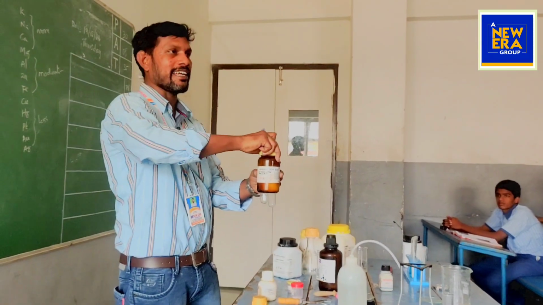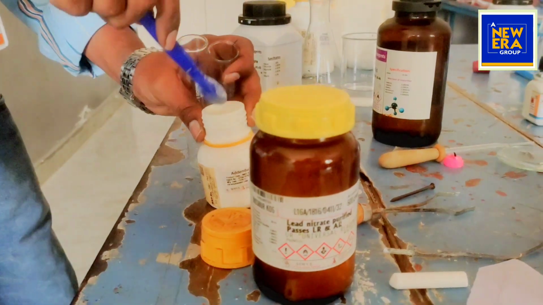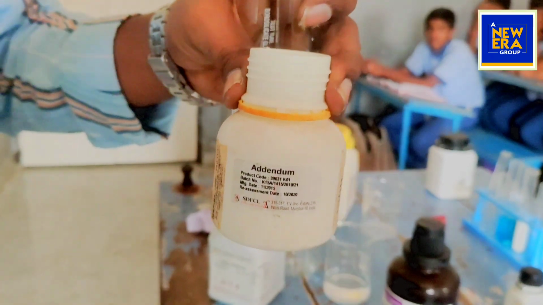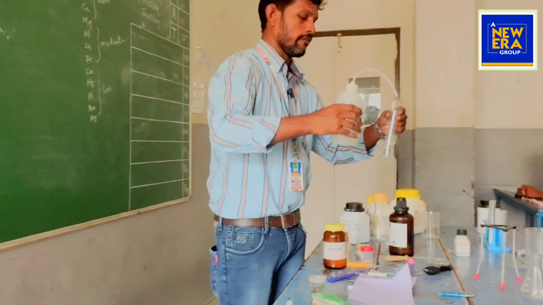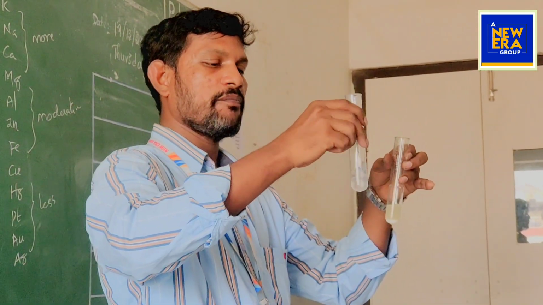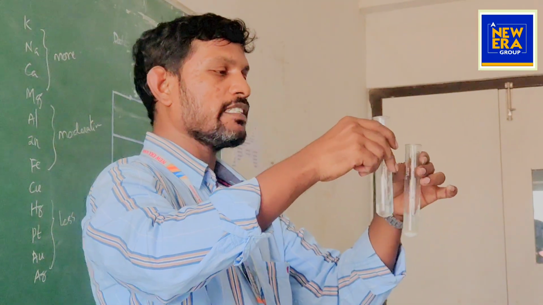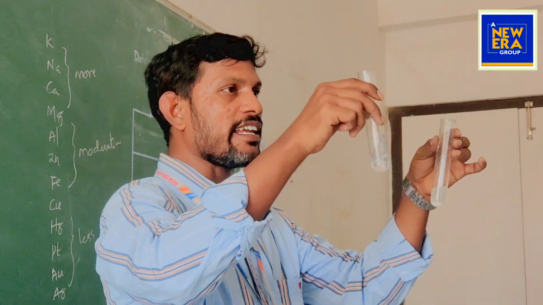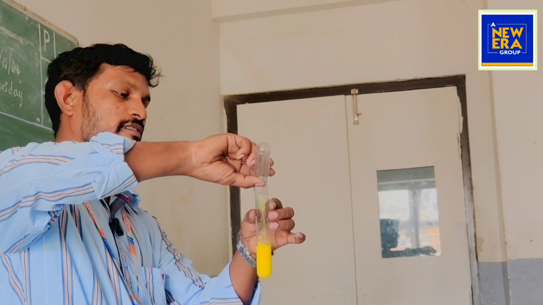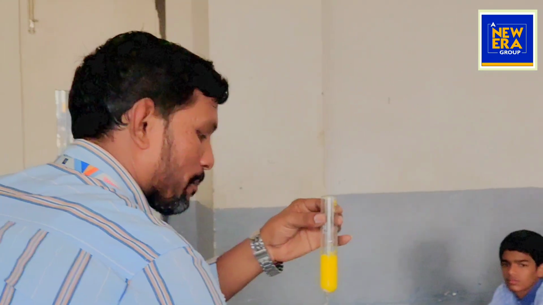This is lead nitrate. We prepare them as solutions, okay? This is lead nitrate, this is potassium iodide. While mixing both the solutions, is there any color? Colorless solutions. Now while mixing, what will happen? A yellow color precipitate is formed.